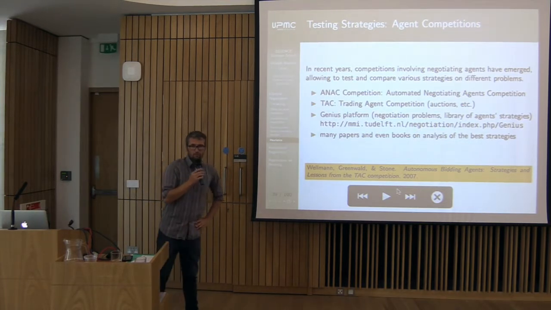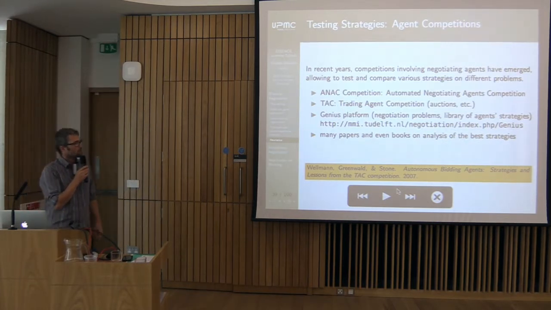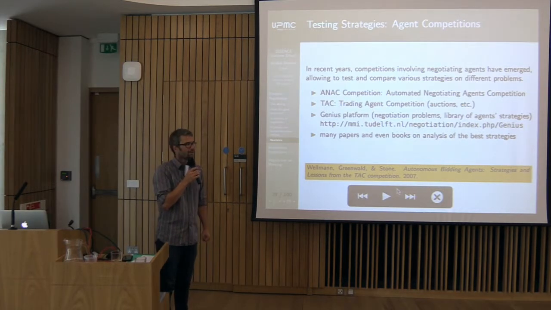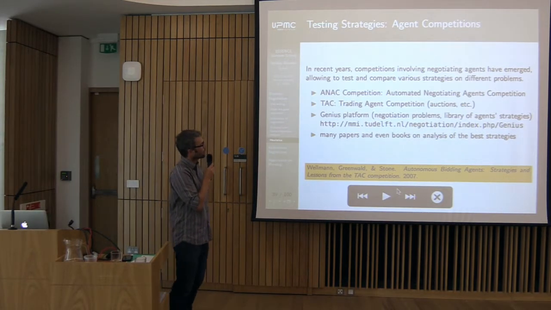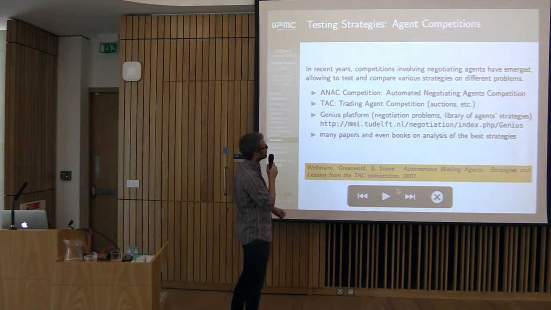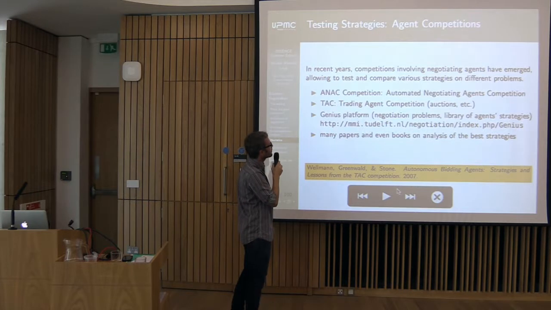So in practice, people do implement strategies and they do test them. In different competitions in automated negotiation, you would find this. Just to give you a couple of pointers, I'm not sure both of them are still alive, but you have two competitions.